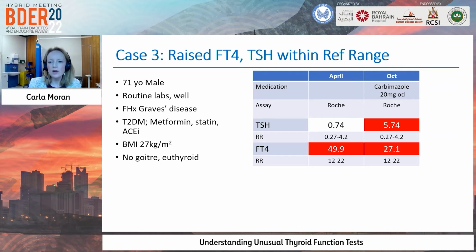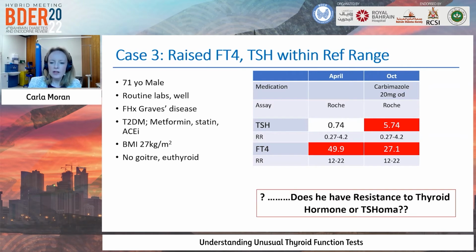And the referring clinician was concerned about this and started him on carbimazole. And you can see that his T4 lowered, but his TSH rose further. And the referring clinician was concerned that he may have resistance to thyroid hormone or TSH-oma.